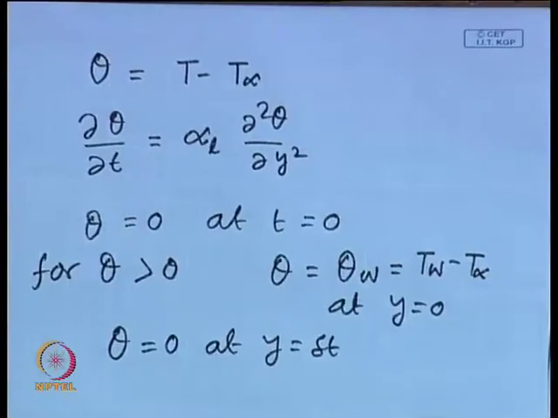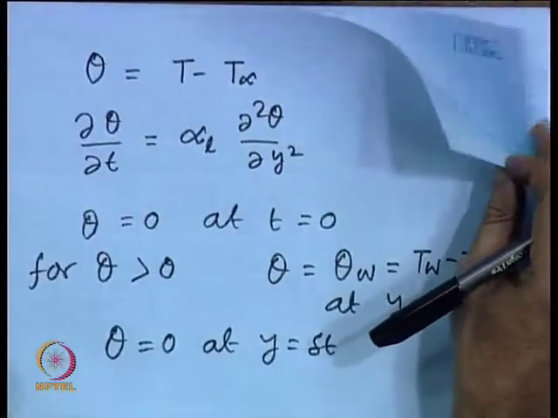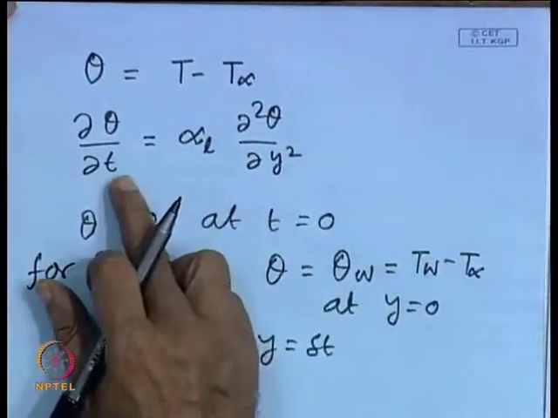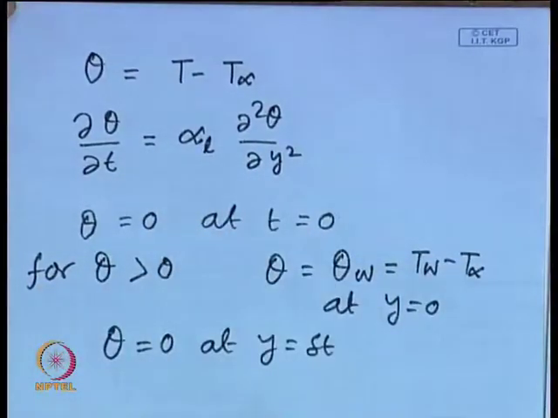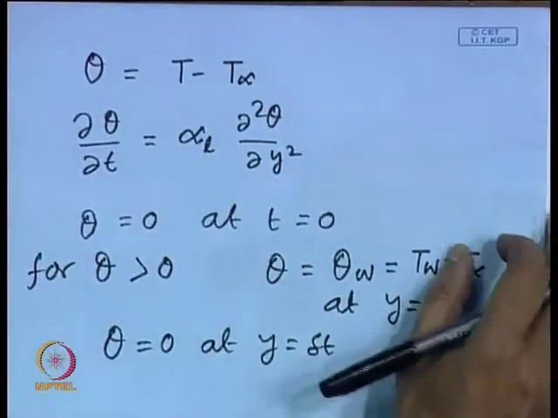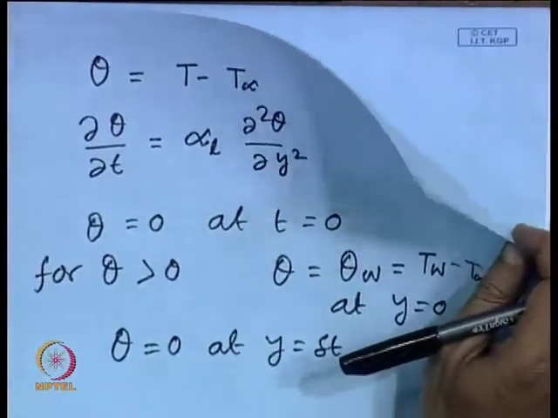So, these are the boundary conditions we will get for this particular equation. It is an equation involving both t and y. First derivative with respect to t and second derivative with respect to y. So, accordingly we have to have the boundary conditions.